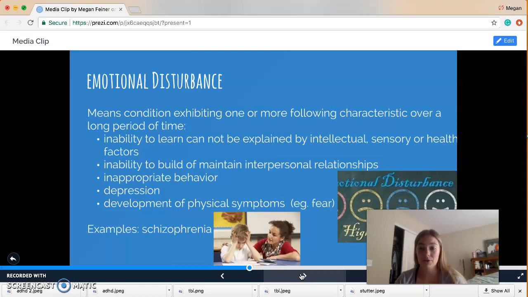Oftentimes their moods change quite often, which can make it hard for them to want to be in the classroom. Depression is one of the major ones, and they may feel fear in the classroom. Oftentimes this goes hand in hand with schizophrenia, and people with schizophrenia are often very fearful of the environment around them, so it may be really hard for them to focus in the classroom.